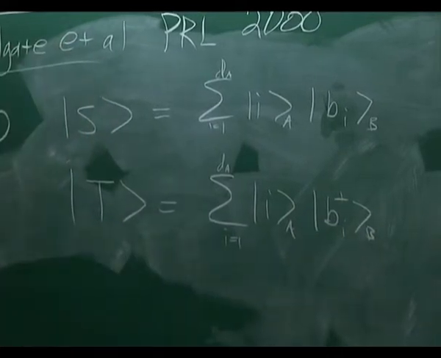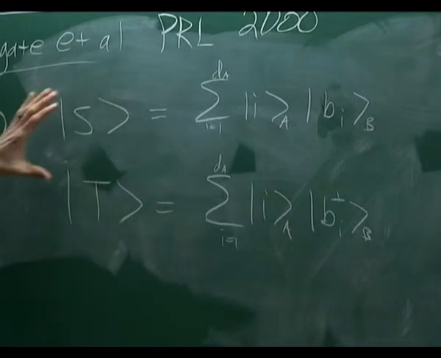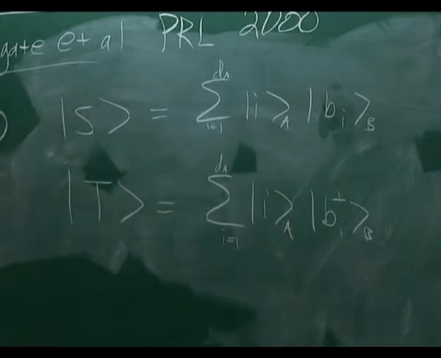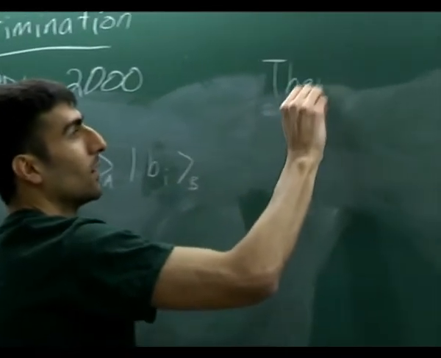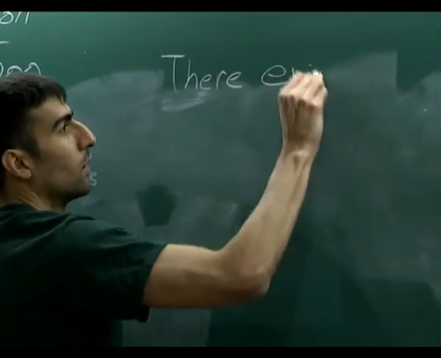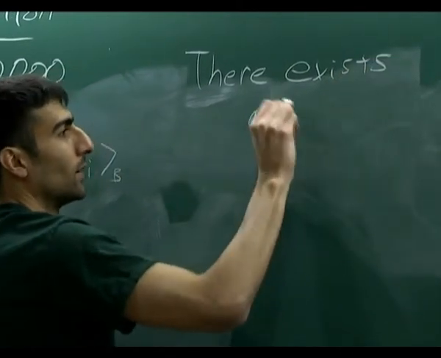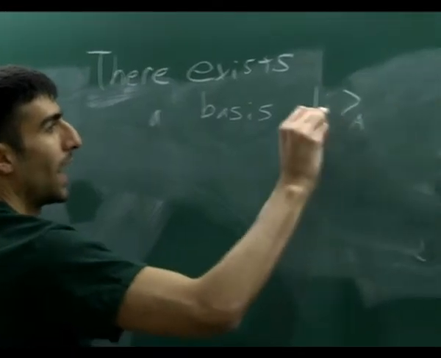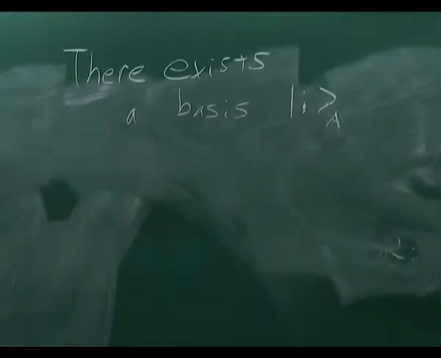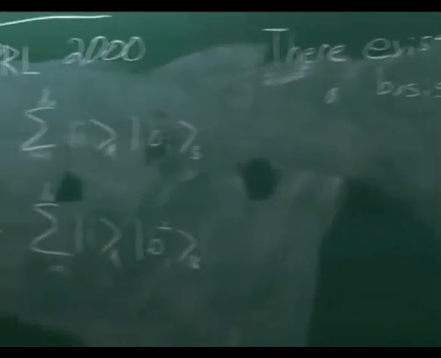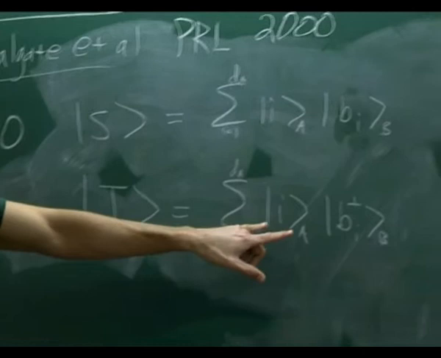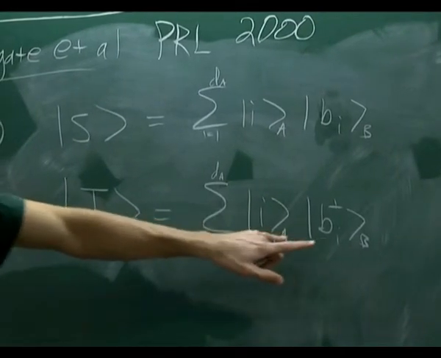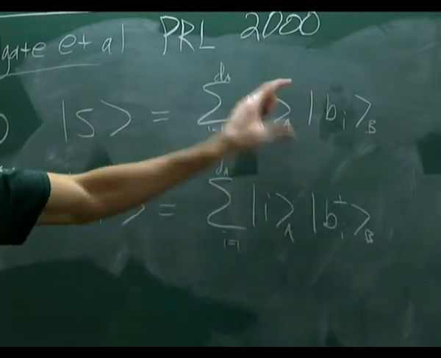Okay, so what they show, this is what I'm writing down here, is non-trivial, in fact. They show that there exists some basis, and I've just indicated it as i, choosing this as the computational basis here. So there exists a local basis for Alice, such that when you write S and T in this form, the part on Bob's side, the two parts are orthogonal.